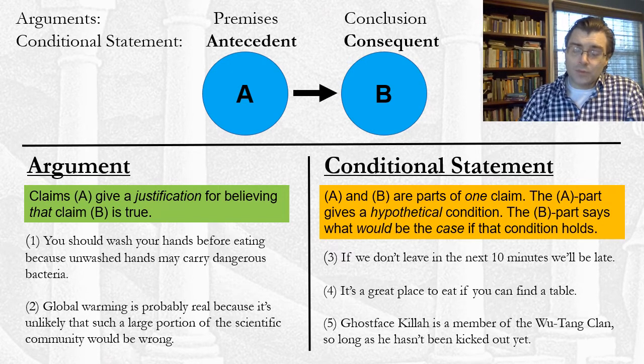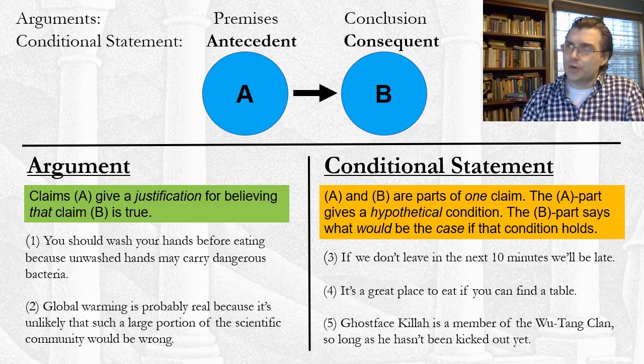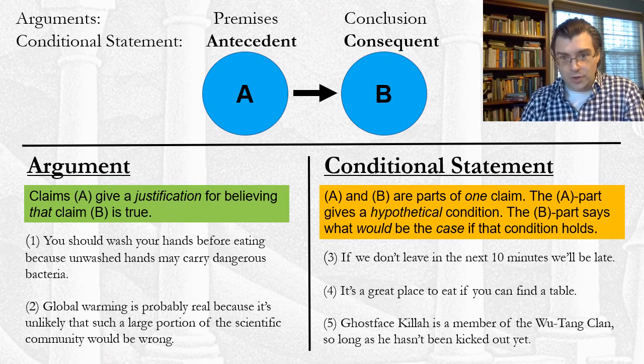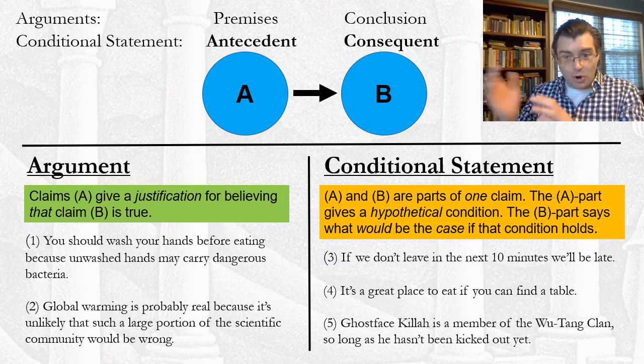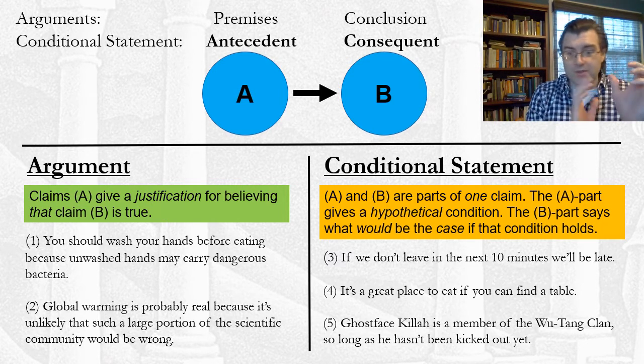Now, the reason why some people get confused and read passages like these as if they were themselves arguments is that they notice that the if-then structure has a relationship that's very similar to the relationship between a premise and a conclusion. Okay, so that's correct. There is a similar structure. It involves an A part, whatever follows the if, and a B part, whatever follows the then.